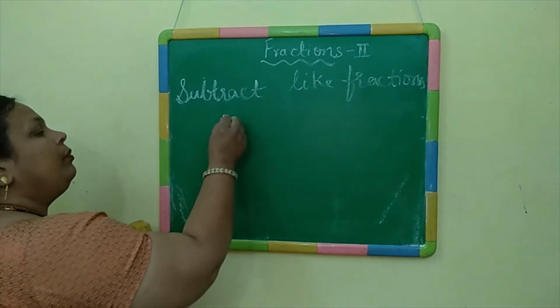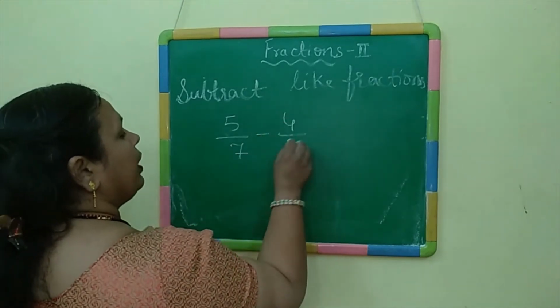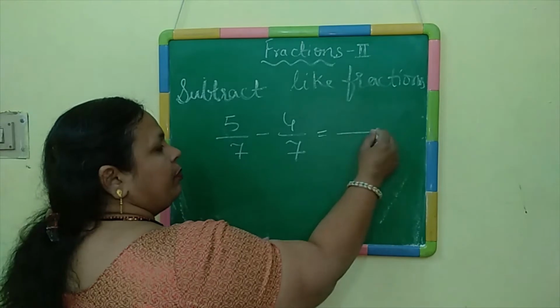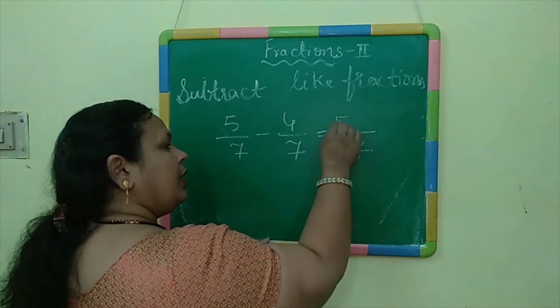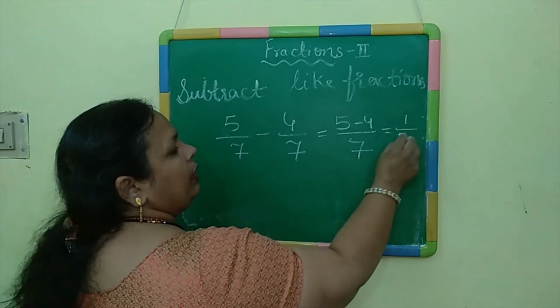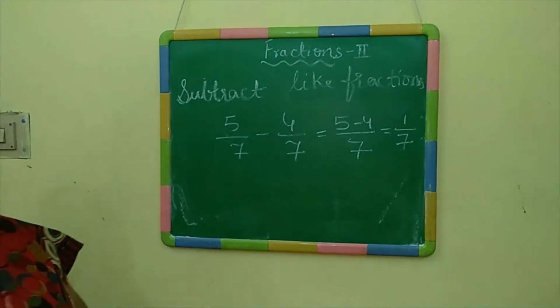How to subtract them? 5 by 7 minus 4 by 7. Clear? As we did for the addition, same 7. Here it is 5, here it is 4. It will come as 1 by 7. Isn't it so easy?